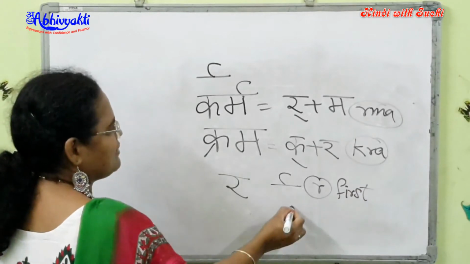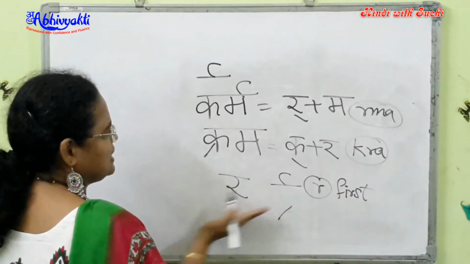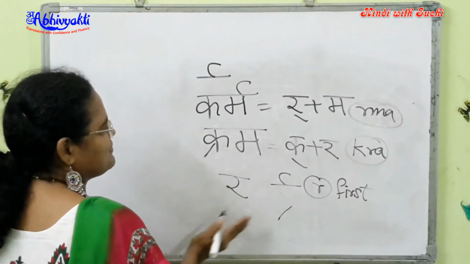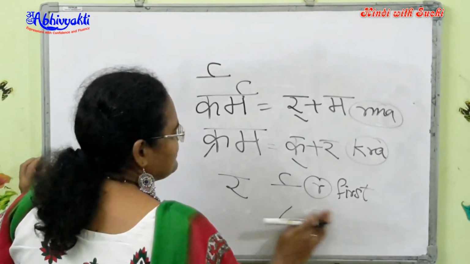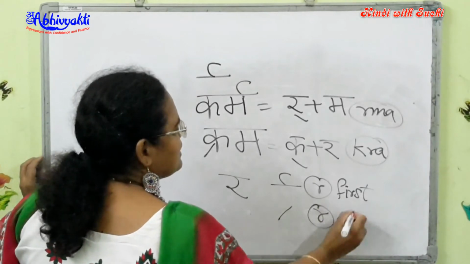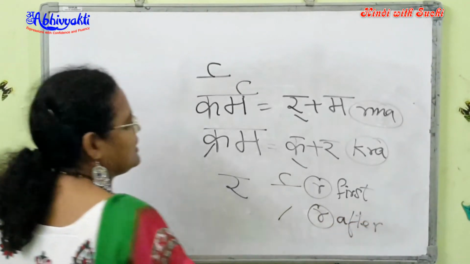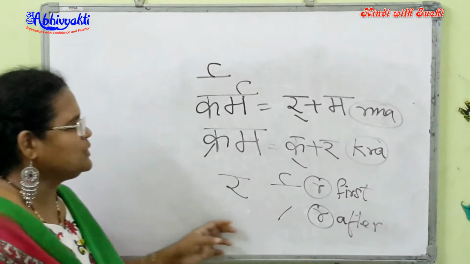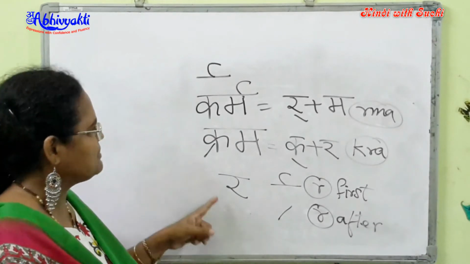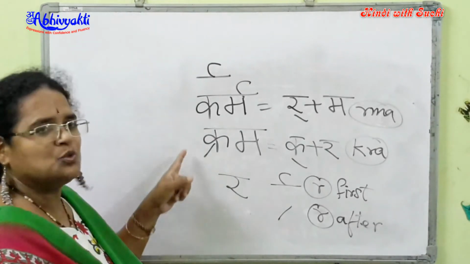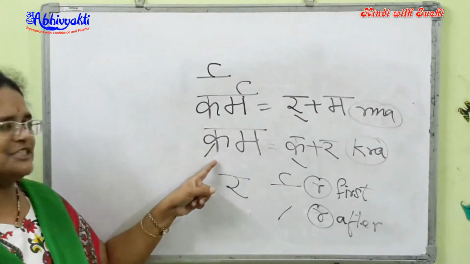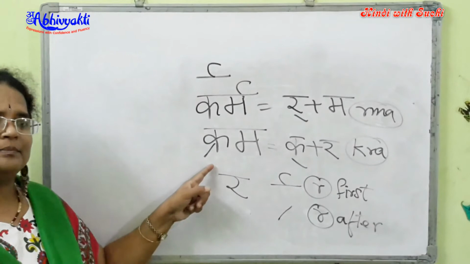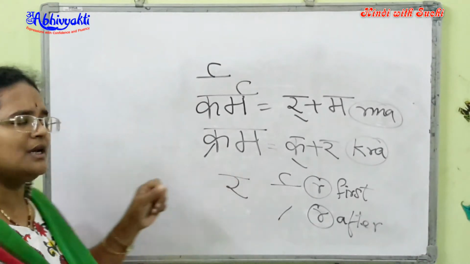And then if you have a slant line to the left hand side below, then this means the R is after the consonant. R after the consonant. Now these are two simple rules that you can remember for the R's, and also these two words. First one is karm, and the next one is kram, kra and ma, kram.